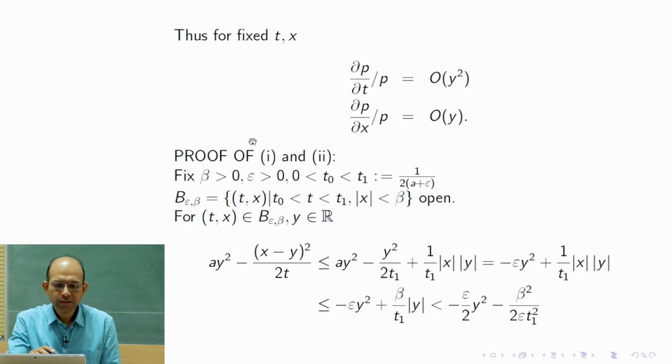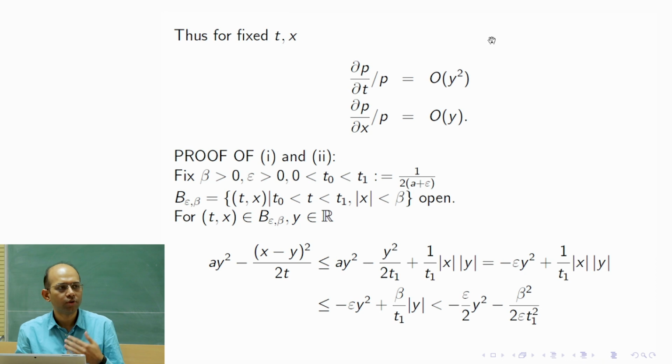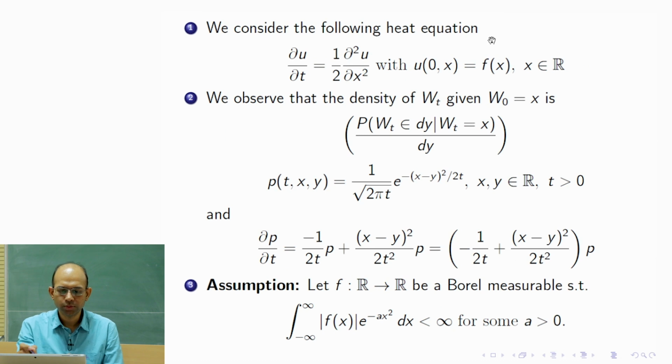For fixed t and x, we first observe that del p del t divided by p is of order y square. Even if it increases, it does not increase more than order y square, because del p del t we have written as some terms times p. So let us go back there. Del p del t is equal to p times this thing.